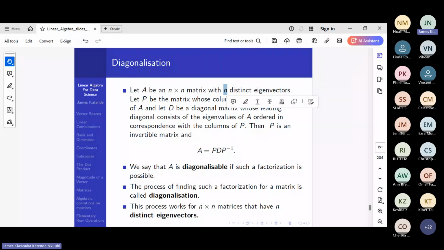In particular, the singular value decomposition will work for a matrix that is not square, and square ones as well. It works for all matrices, so it will overcome this limitation of the eigen decomposition. This process of finding the matrix D such that A can be written as this product is called diagonalization.